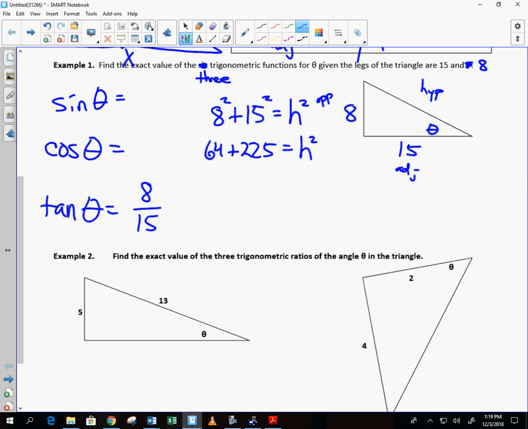Anybody know 64 plus 225? 289. I square root both sides. 17 is h. So if the hypotenuse is 17, what is sine?